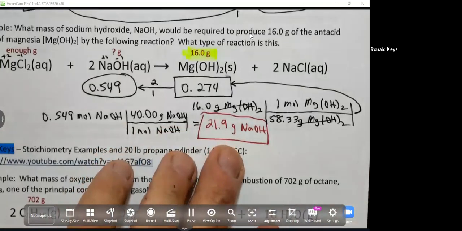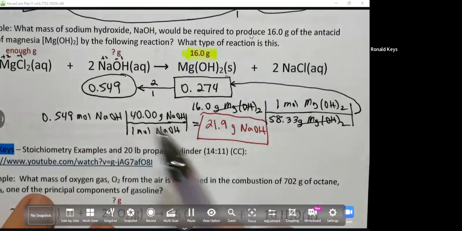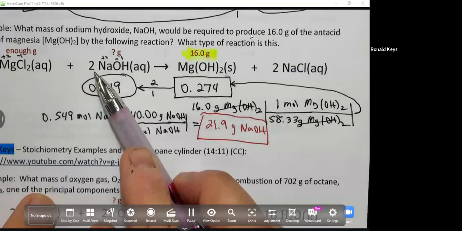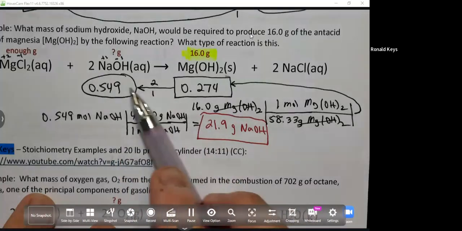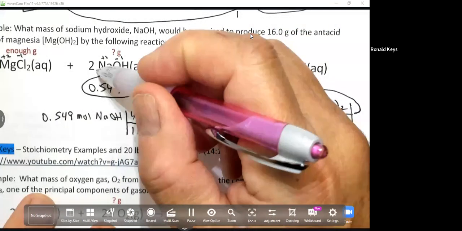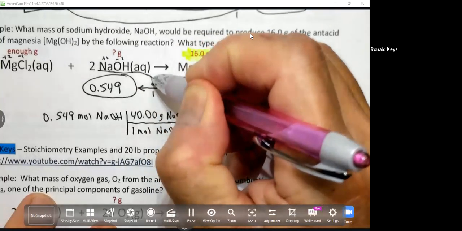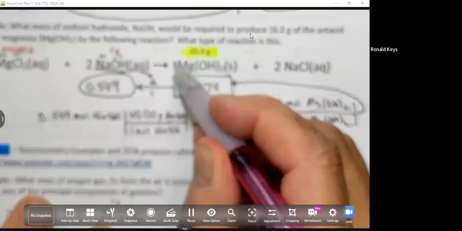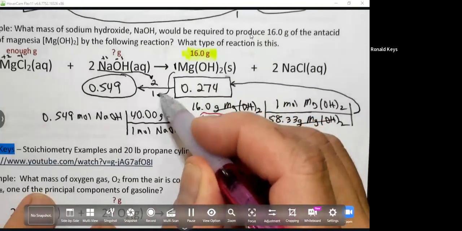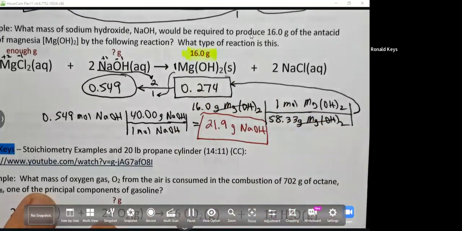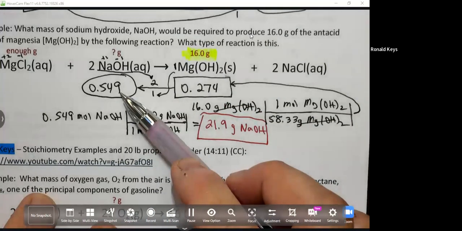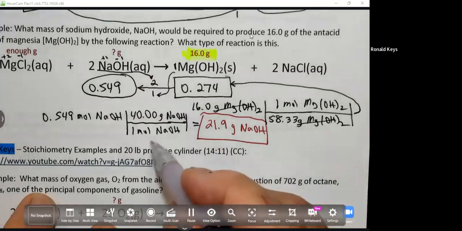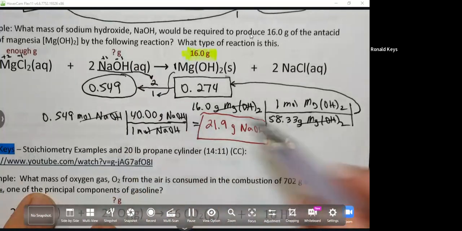Put our moles right there. We needed to figure out moles of sodium hydroxide. So we draw our arrow, and my mole factor fraction is 2 over 1. Once I have my moles of sodium hydroxide, I can go back to grams. That's what we did.